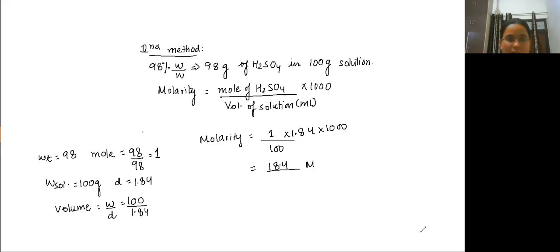Okay. Now in mixing of solutions, case 1 is dilution. If a solution is diluted with water, what do you mean by dilution?